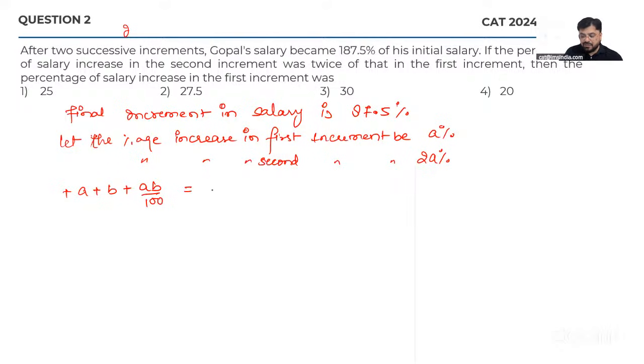This should be equal to 87.5%. Now listen, a is a, this is 2a, this is b. We are keeping b as 2a. So there are two ways now. Either you plug in b as 2a, so it will be a plus 2a plus a into 2a by 100 equal to 87.5, and then you solve it.